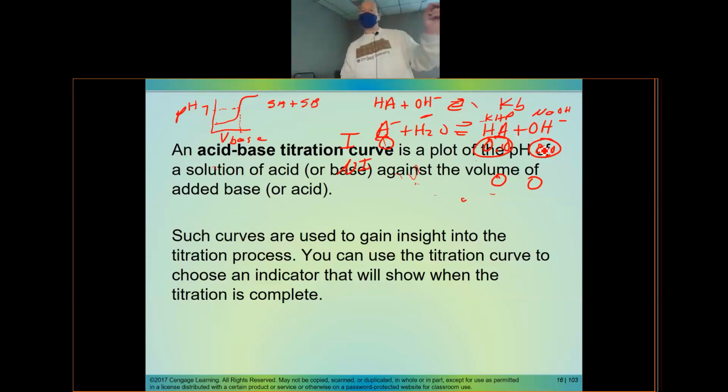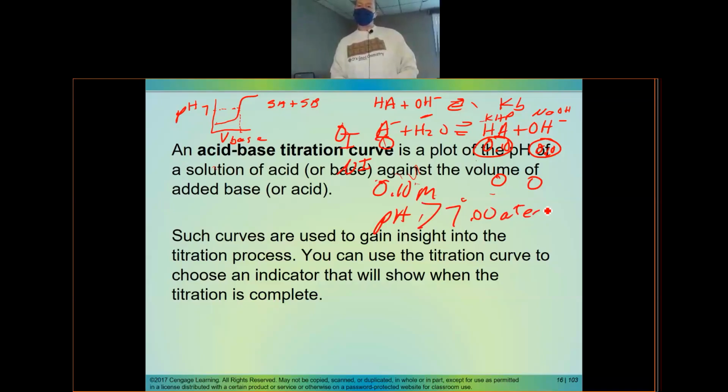The only time both things on the right are 0 is when you're at the equivalence point. And so this is going to give you 0.1 molar of your A-. So you see that when you're at the equivalence point of a weak acid and a strong base, you end up making a weak base. And so you can tell me that the pH is going to be greater than 7 at the equivalence point.